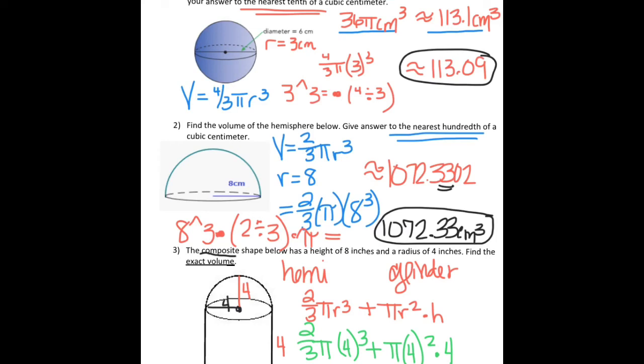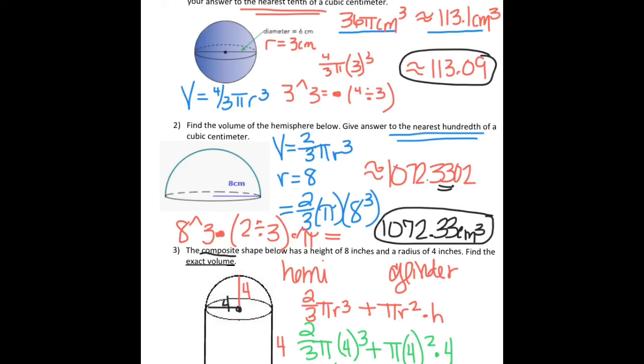So 4 to the 3rd power is 64 times 2 divided by 3 equals 42 2/3. So this is 42 2/3 pi plus 4 squared is 16 times 4 is 64 pi.